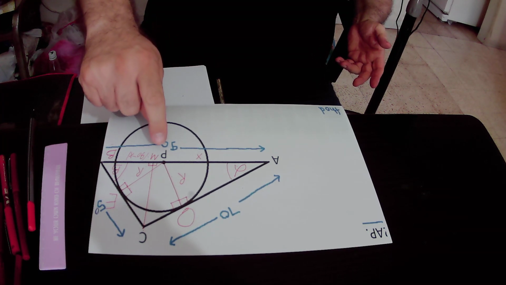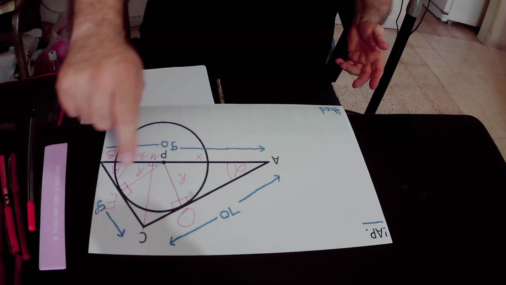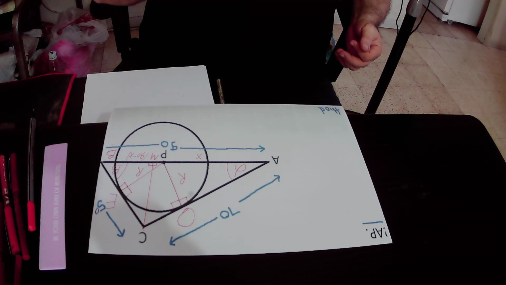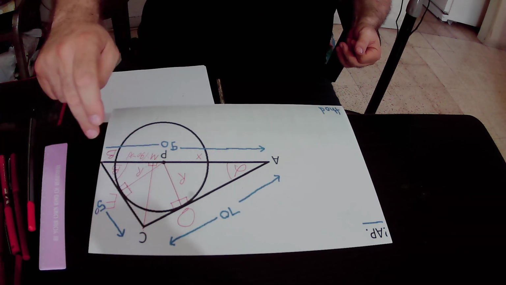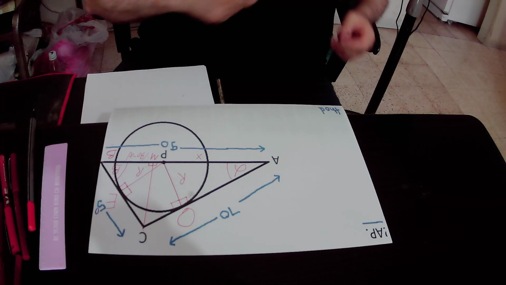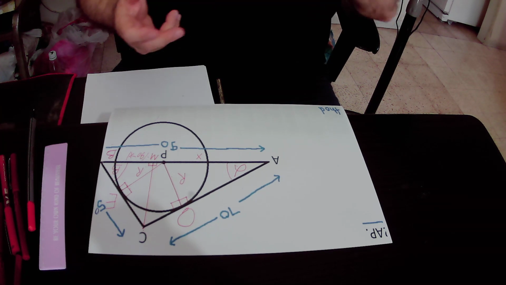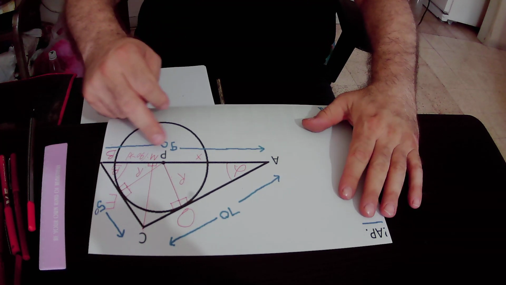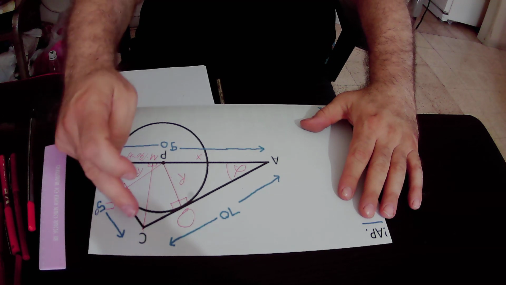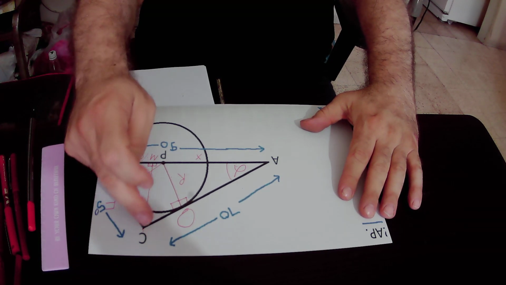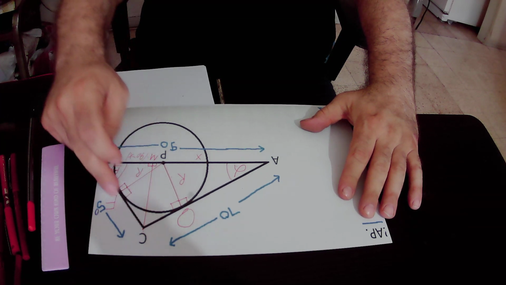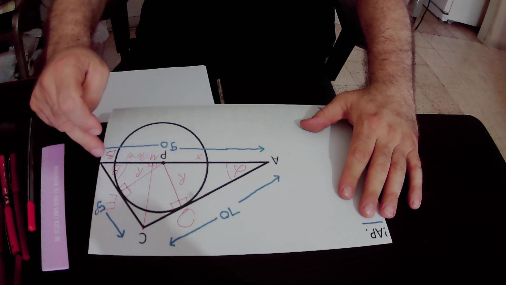we have here radius PE and the tangent to this radius, that is side CB of the triangle. So according to rule number 1, the radius is perpendicular to the tangent CB.